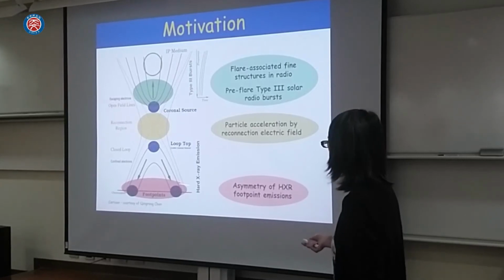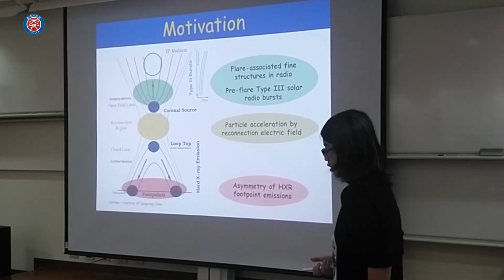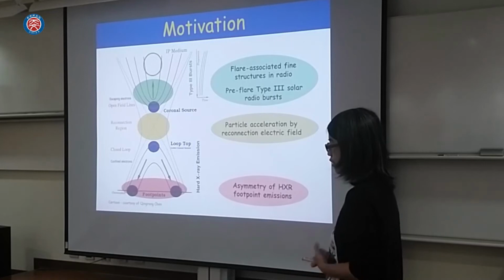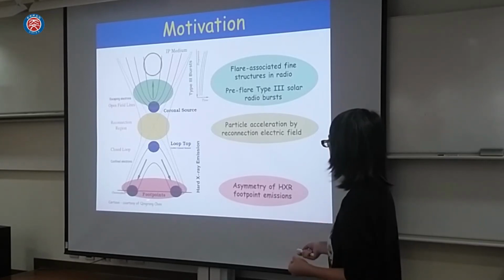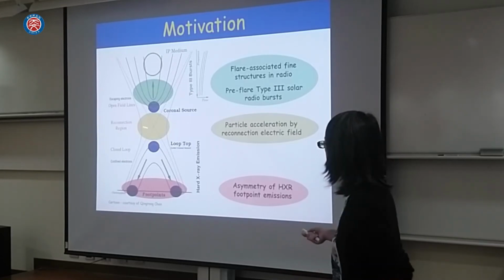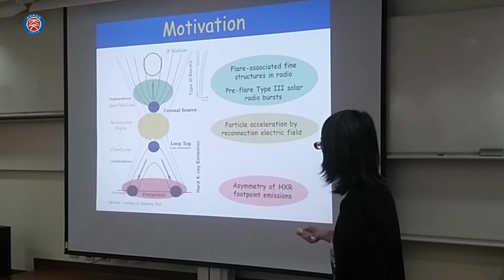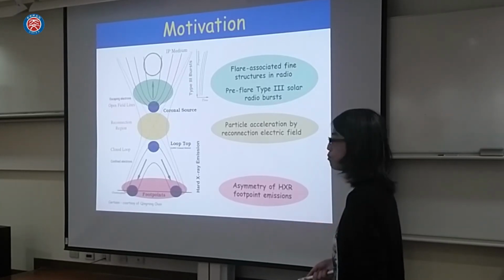But with the HXR footpoint emission, you can see there are different emissions at conjugated footpoints. The third one, we will go to the upper one. When reconnection occurs here, there will be upward and downward energetic particles.